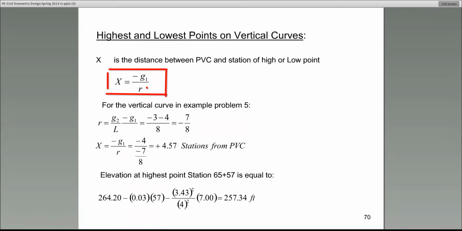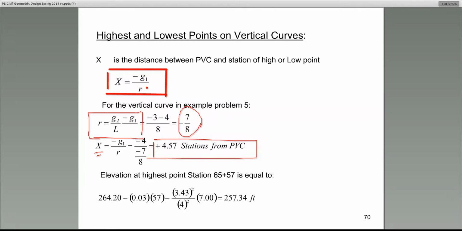I gave you an equation for it. In fact, guys, that equation is right here. All right? So if you're asked to find the low point or the high point, use this equation, calculate R. In this case, R comes out to be minus 7 over 8. Substitute R, and X comes out to be plus 4.57 in terms of stations.